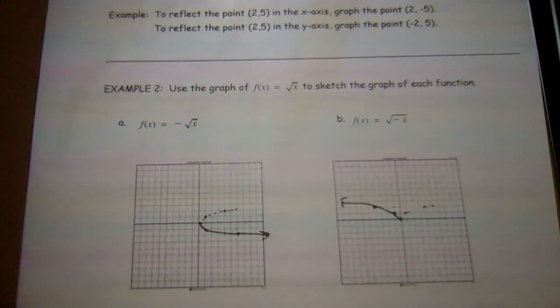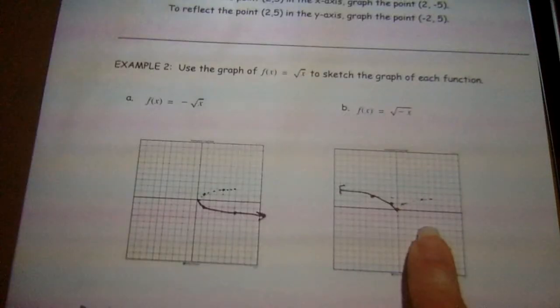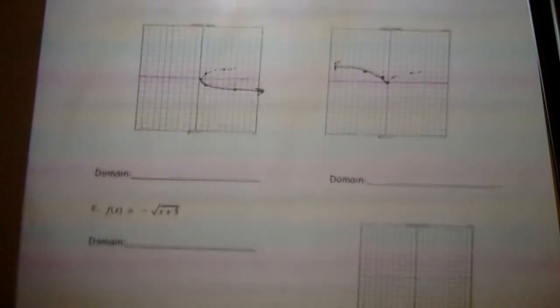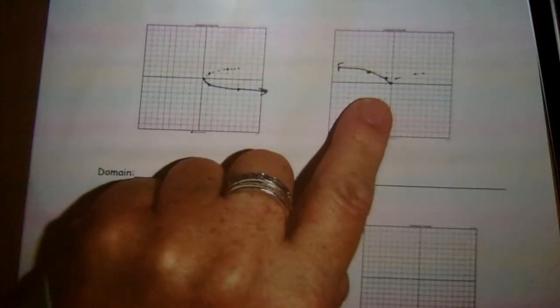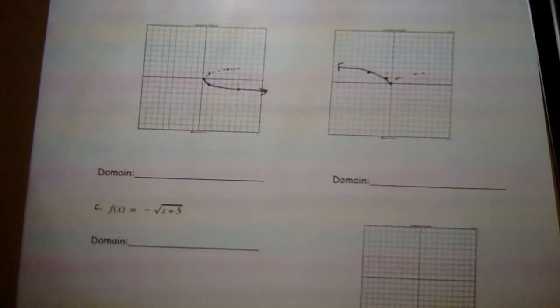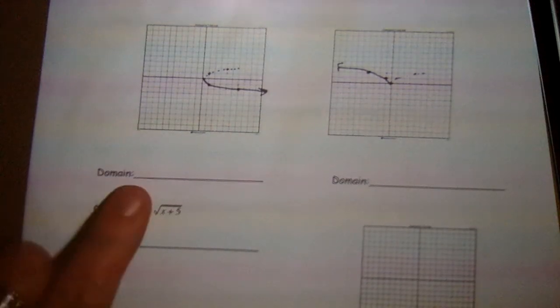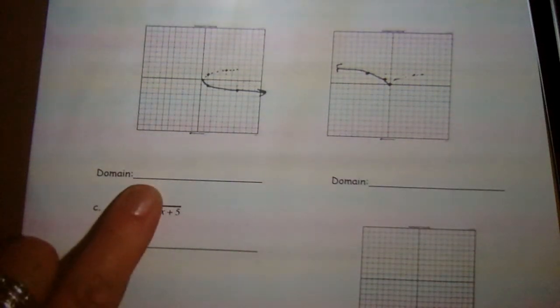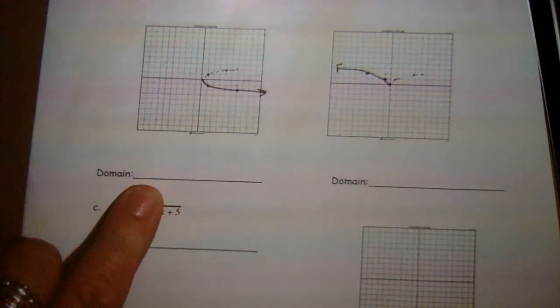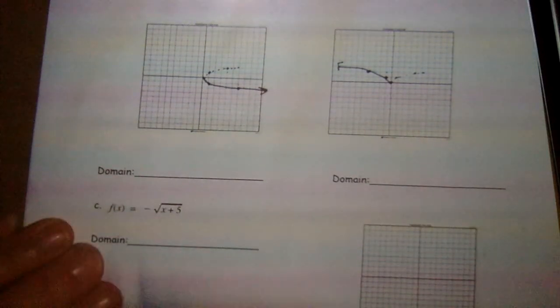And this is kind of what we were just saying with Kahari, that I could no longer plug in positive values. I have to plug in negative values. I plug in negative 1, negative 4. What's the domain of the negative square root of x? X is greater than or equal to 0.